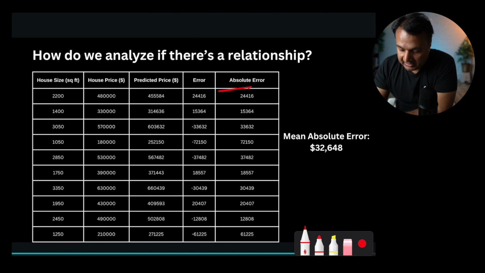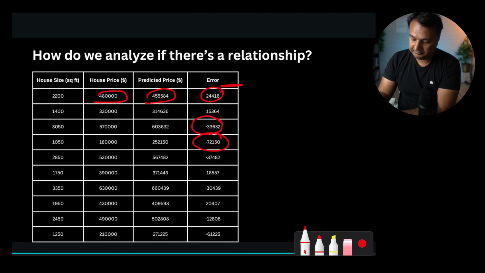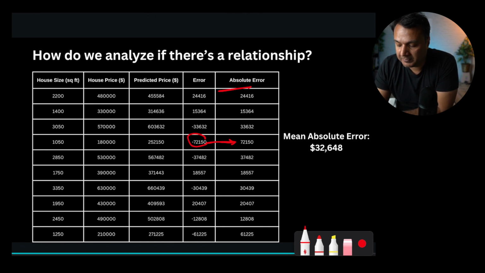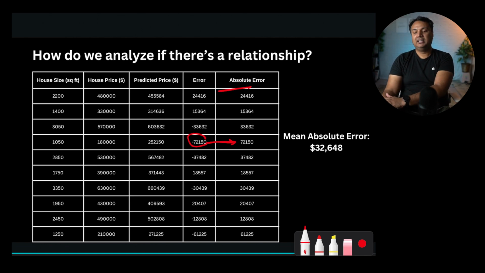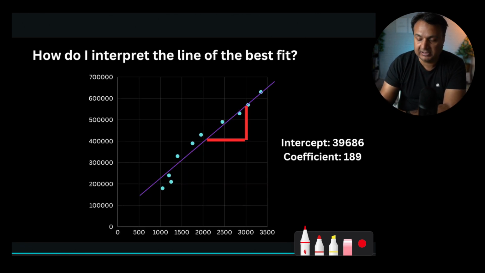Even this 72K negative becomes 72K positive. Then you have the absolute errors, and you can take a mean of it, and the mean value here is 332,648. So this is the error of the line which we have previously seen, this line.